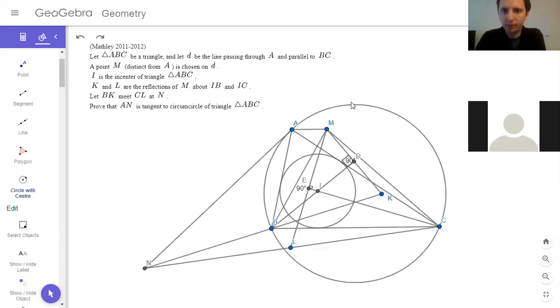And maybe it's worth extending both CM and BM to meet the circle. Not sure. This is hard.